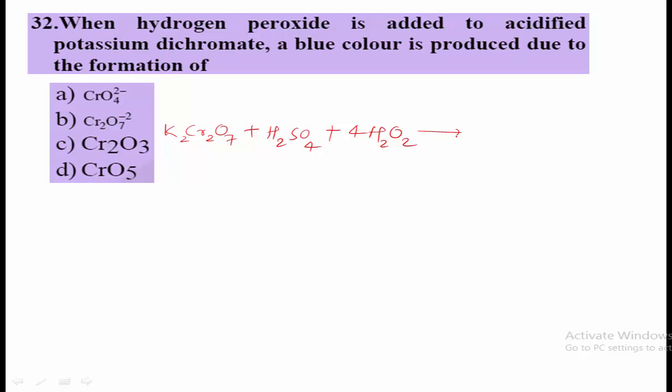When they are reacted with each other, it will form chromium oxide along with potassium sulfate with water. The blue colored compound that is obtained will be chromium oxide. Therefore, the option D, that is CrO5, is the right one.